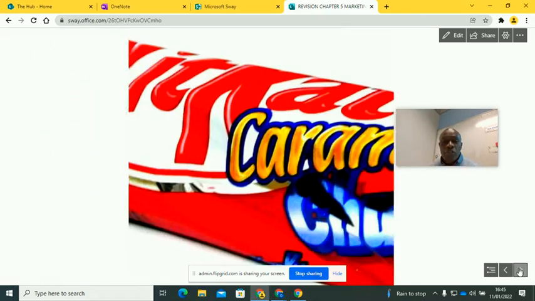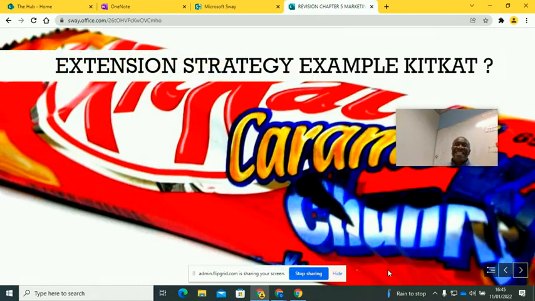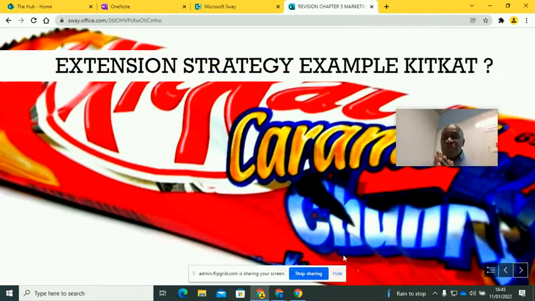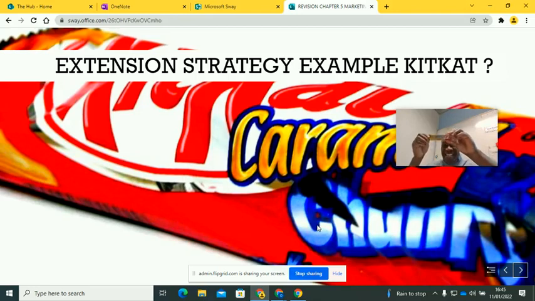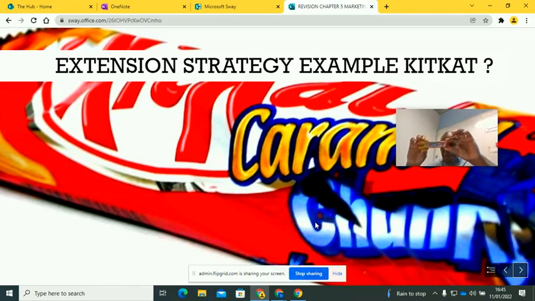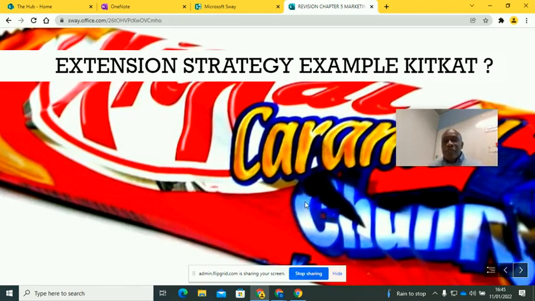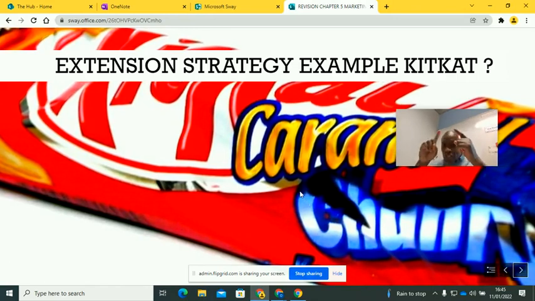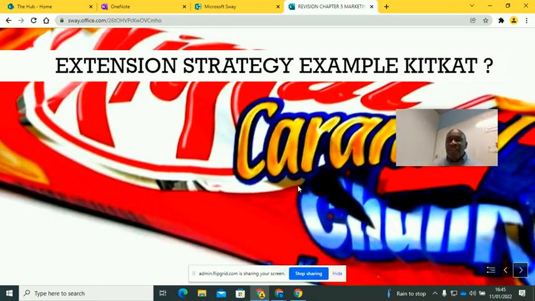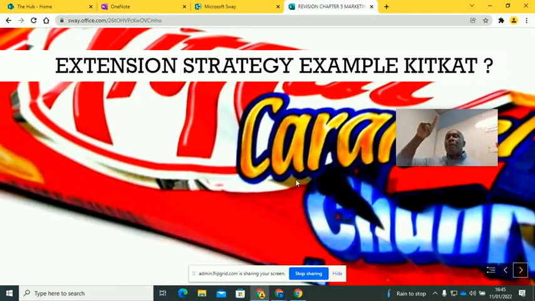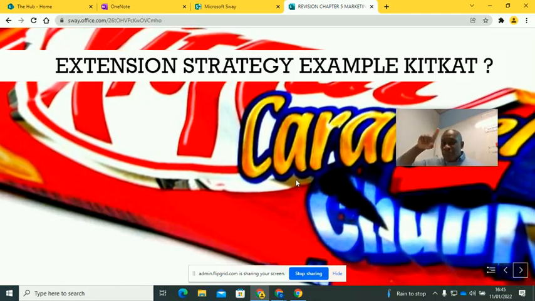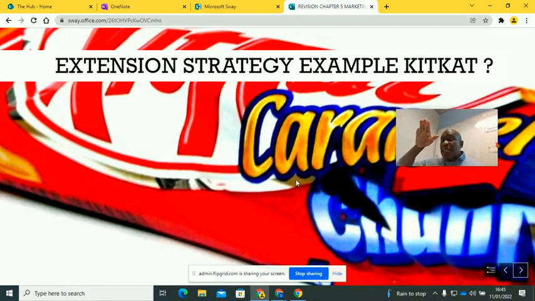Another thing we need to talk about really quickly is extension strategies. Very important. And this is when I'm going to show you my Kit Kat peanut chunky. Do you remember? I don't know whether you remember this. Kit Kat just came out in the original form. And what they probably noticed is that the sales were not going up as much and it was peaking out and maybe slightly declining.